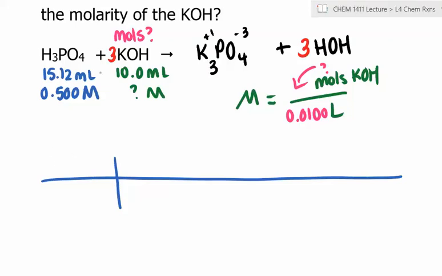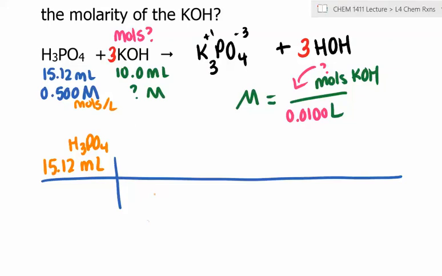Well, I would start with the one that's 1 number, 1 unit. Remember, molarity is actually moles per liter, so it won't be something you start with first. Typically, it's going to be used in later steps. So I'm going to start with my 15.12 milliliters of phosphoric acid.